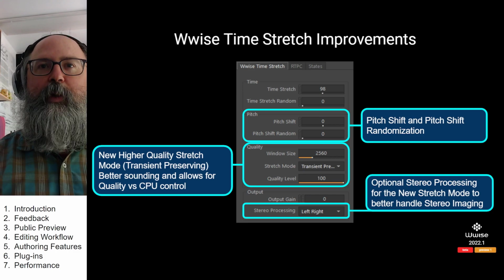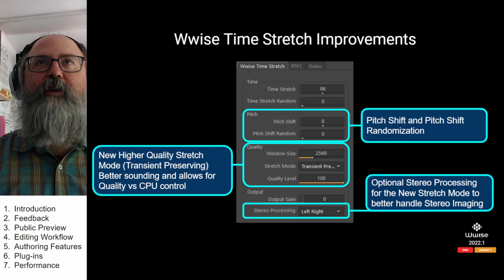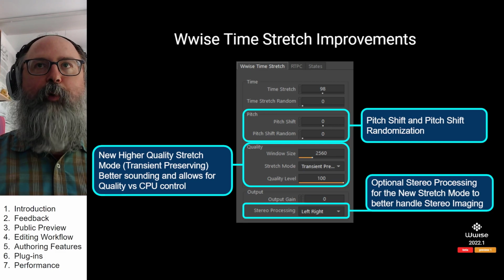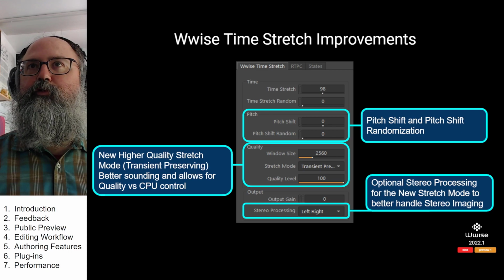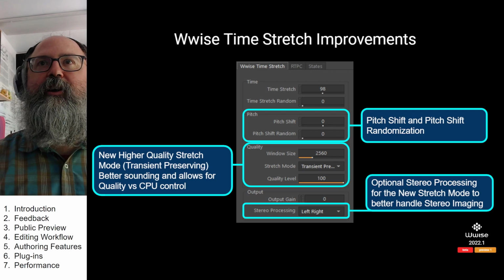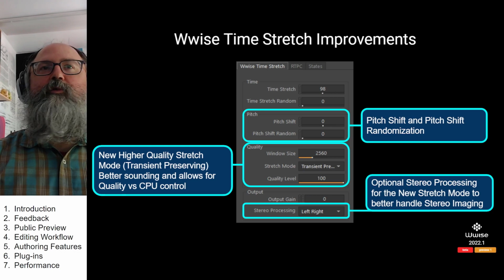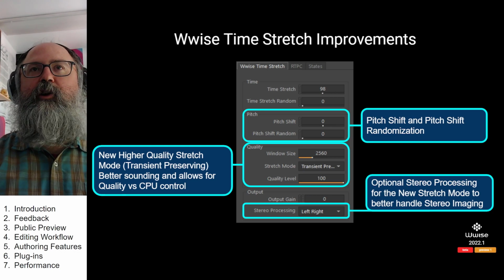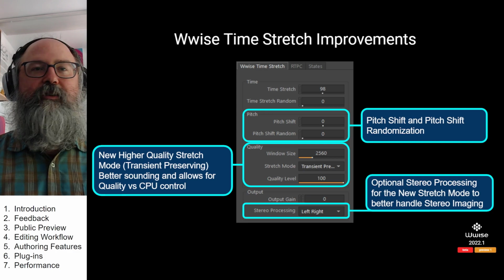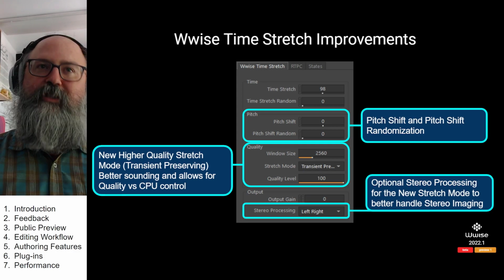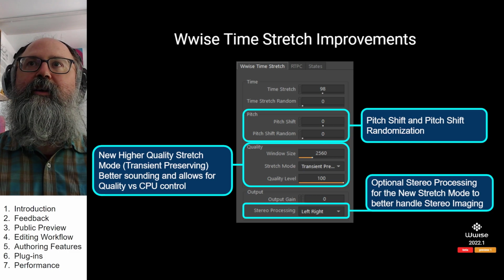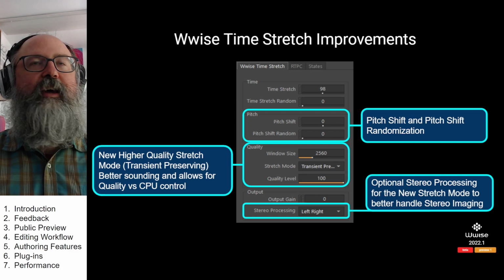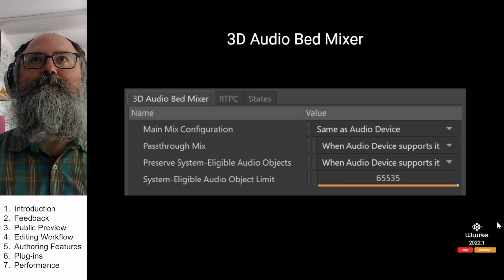These are things that people have been asking for as part of our time stretch, as well as a new optional stereo processing for the new stretch mode that handles stereo imaging a little better. So no matter how you're using it, these improvements bring great flexibility and just allow you to reach for those sounds that you're hearing in your head and create these worlds that we experience.